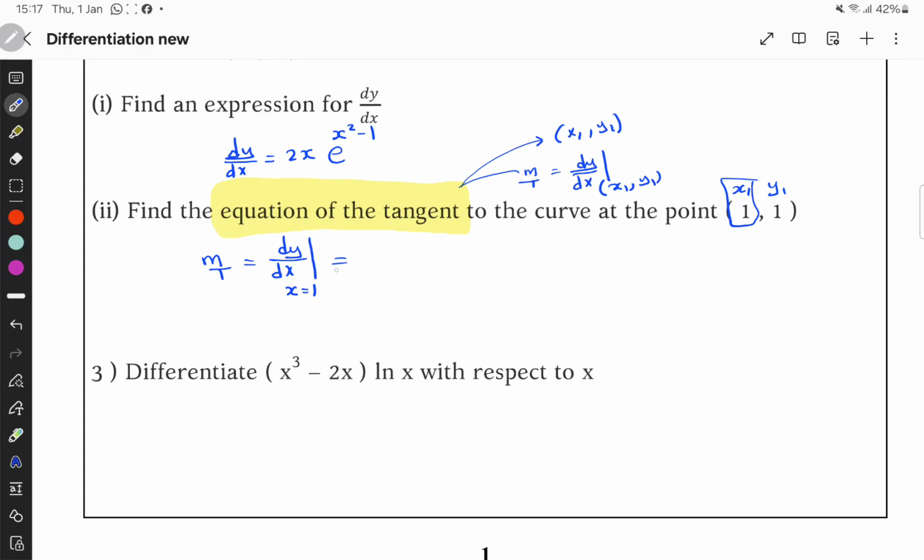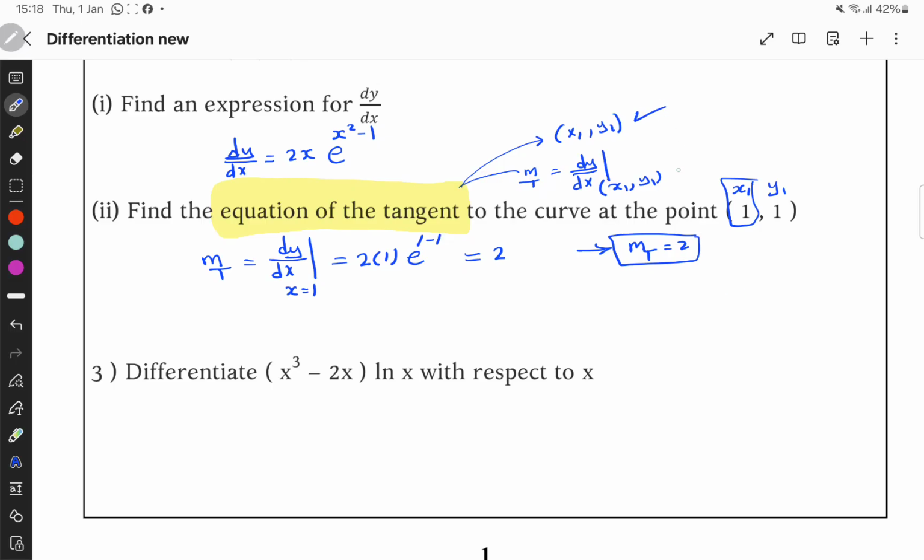That means we exchange every x by its value, not in the original function, but in the gradient of the function. 2 times 1 will be 2, times e to the power, exchanging x by 1, it will be 1 squared minus 1, so 1 minus 1. Using a calculator, e to the power 0 is 1. 1 times 2 will be 2. So that means the gradient of the tangent is equal to 2.